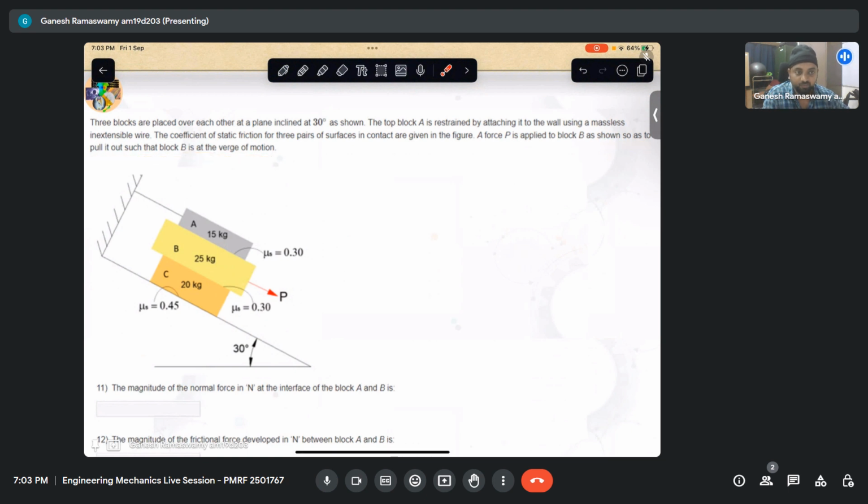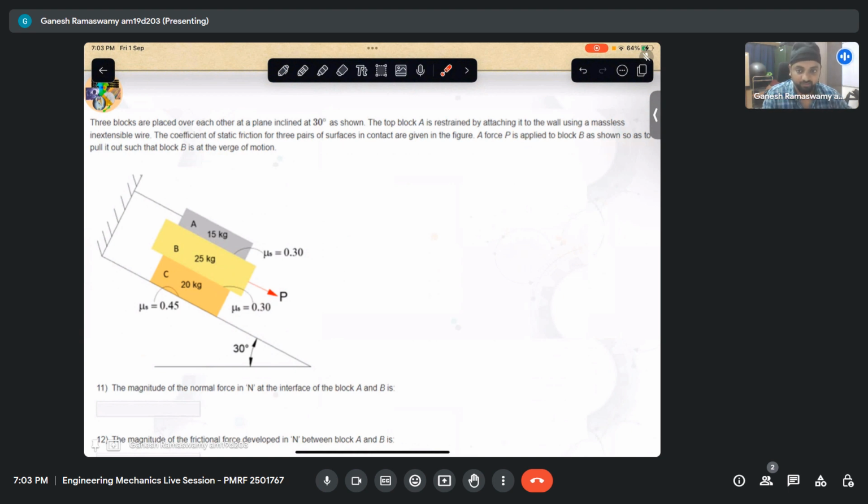So what we are saying is that at these two surfaces, the peak friction has been reached and it is at the verge of motion. P is applied such that it is at the verge of motion.